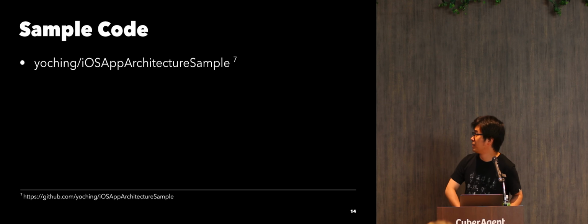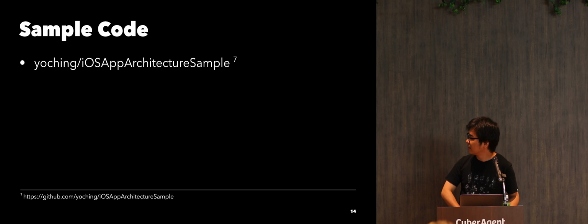It's very simple: it has two tabs, each tab has navigation, and each navigation has a push transition. There are three view controllers here: Foo view controller, Bar view controller, and Buzz view controller. Just three.